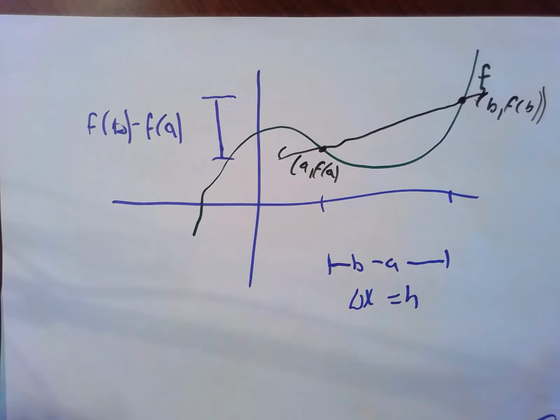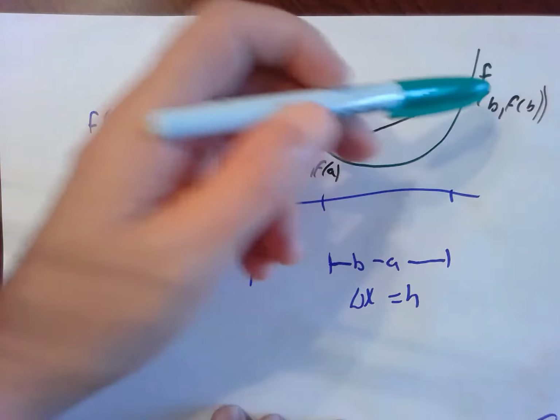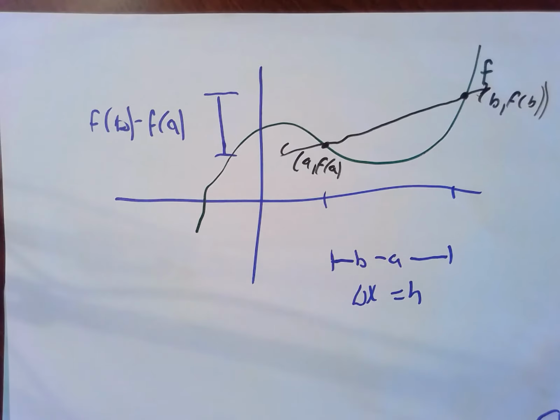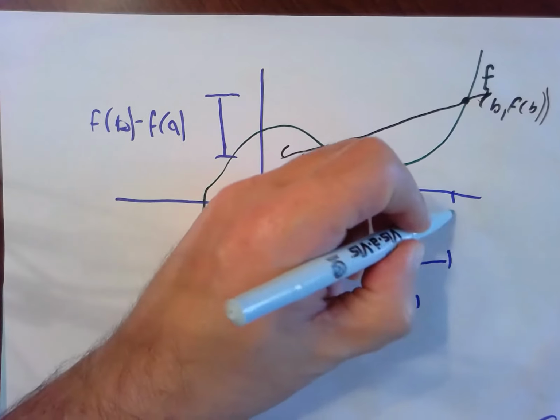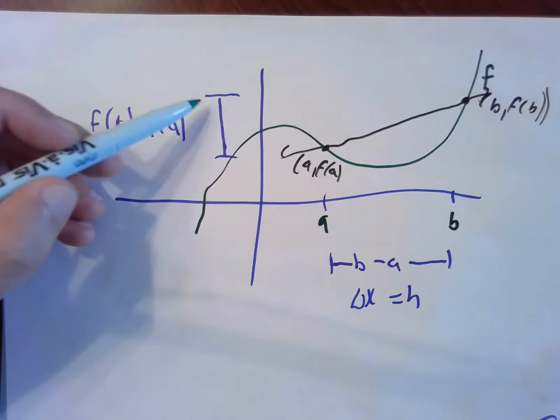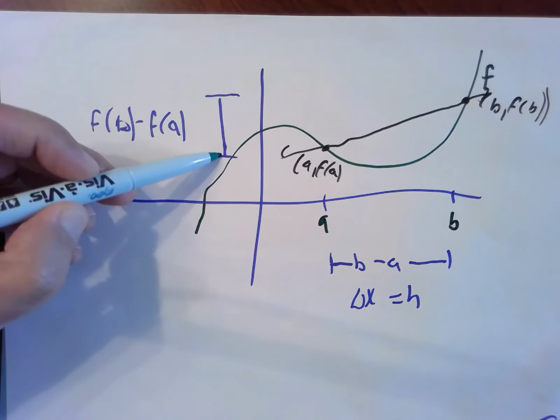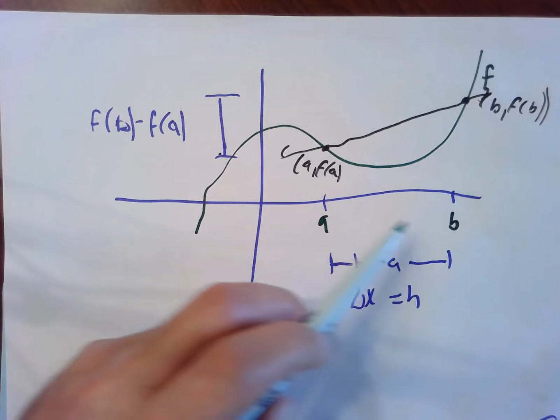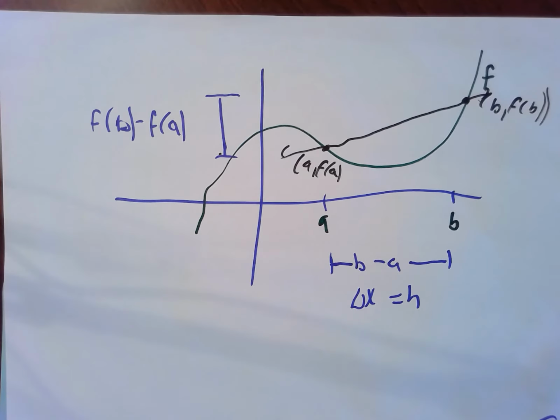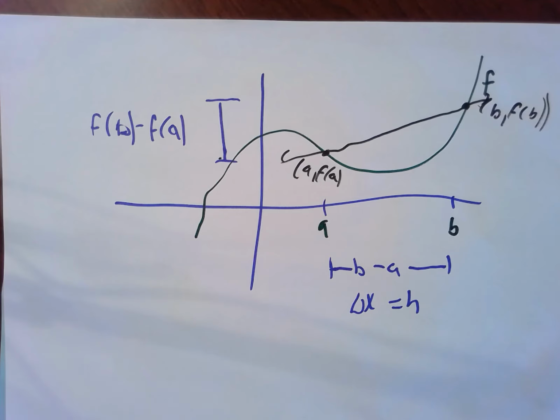We have some function. The average rate of change from a to b is just the change in y, f of b minus f of a, over the change in x, b minus a. Okay, this is all we're doing for difference quotient, is average rate of change.